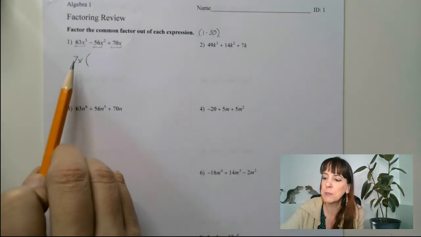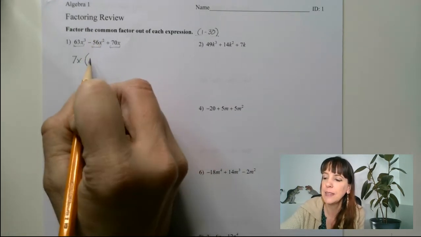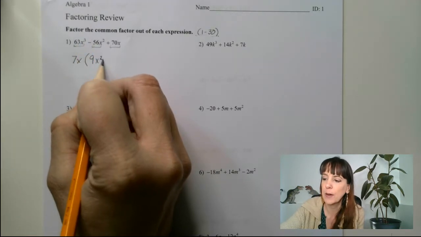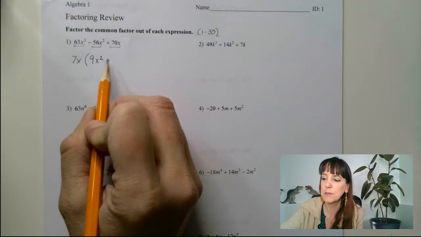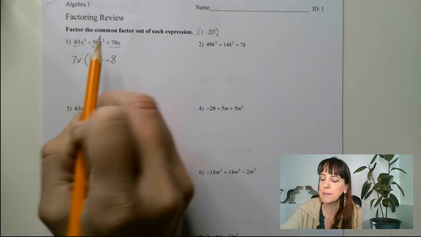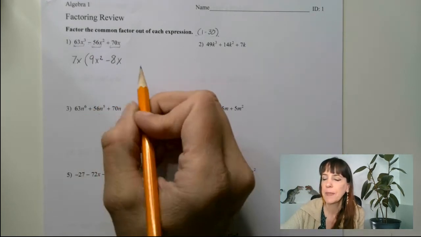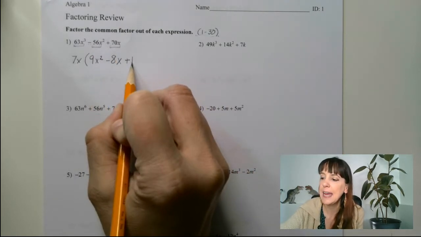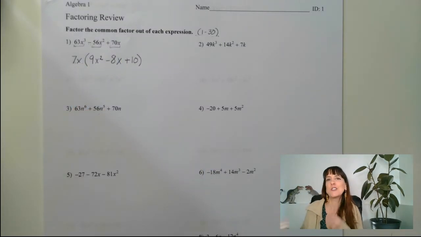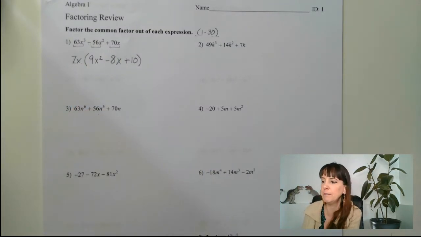So what do I need to multiply 7 by to get 63? 9. What do I need to multiply x by to get x to the third? x squared. Minus, what do I need to multiply 7 by to get that negative 56? We've got 8. And x times x will give me x squared. And then plus 10, because 7x times 10 will give me that 70x. So this is just factoring out those greatest common factors.